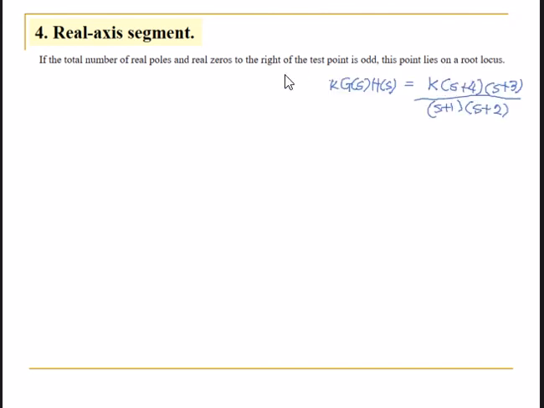So kat sini kita ada characteristic equation that we have K times s plus 4 times s plus 3 divided by s plus 1 times s plus 2. So untuk kita buat real axis segment, we need to sketch our poles and zeros. Kat sini kita ada j omega and this is our real axis.